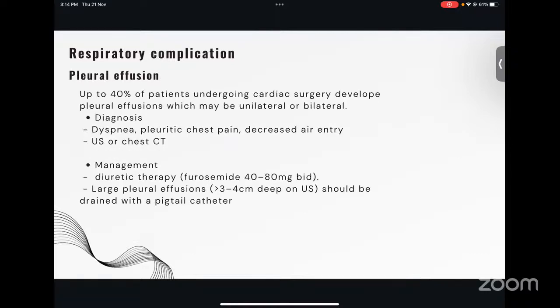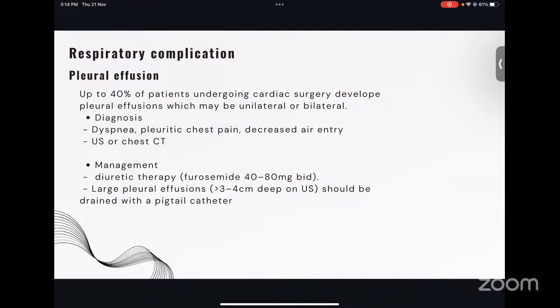Pleural effusion. Up to 40% of patients undergoing cardiac surgery will develop pleural effusion, which may be unilateral or bilateral. Internal mammary harvesting is associated with a higher rate of ipsilateral pleural effusion.